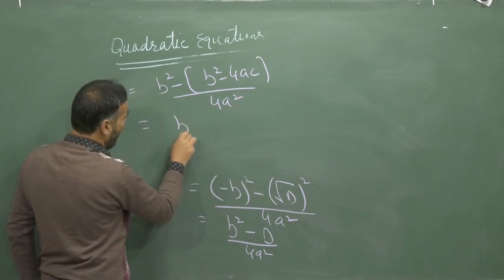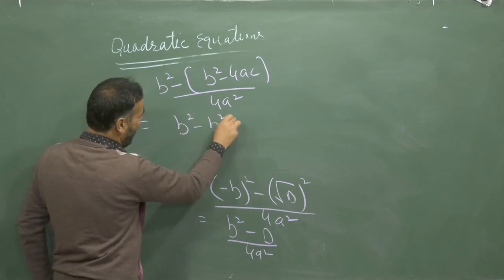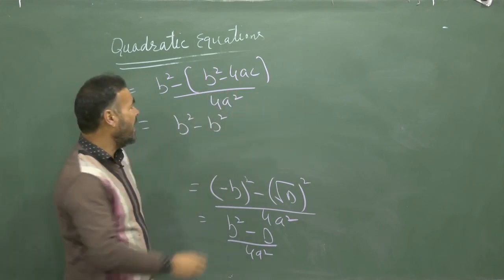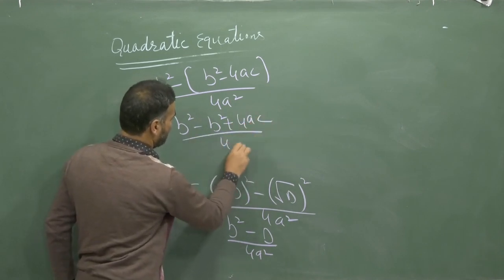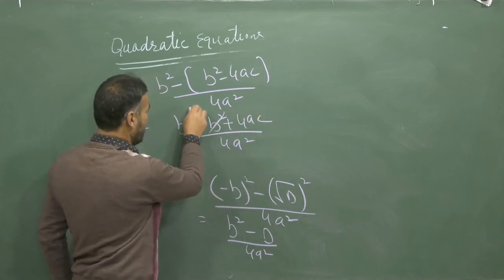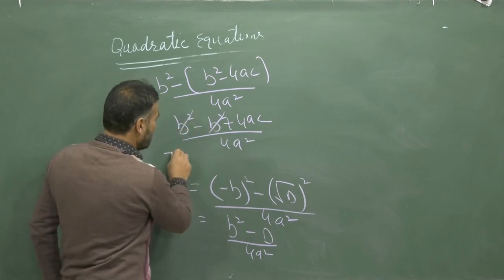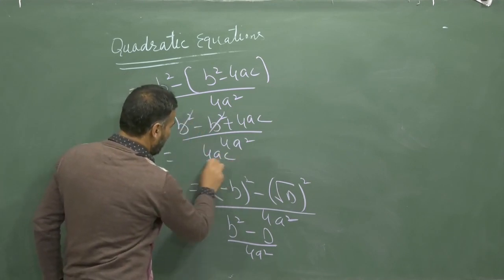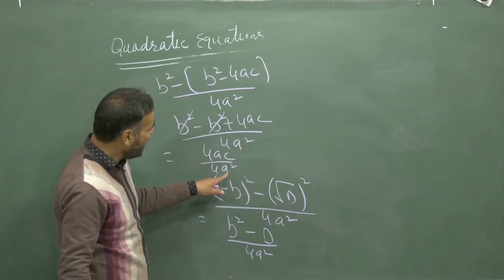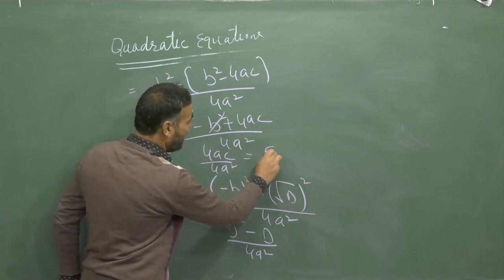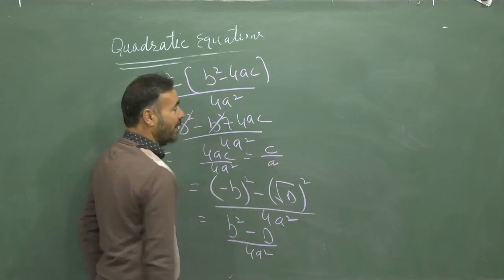It is b square minus b square plus 4ac divided by 4a square. This will get cancelled, so it is 4ac divided by 4a square. 4 and 4, a and a will get cancelled, so the net result will be c divided by a.